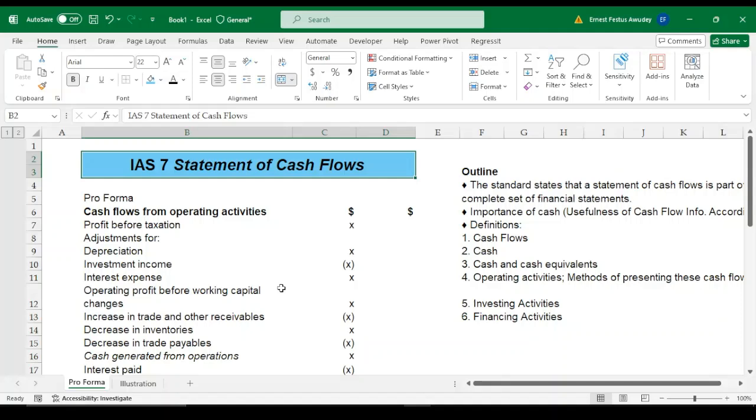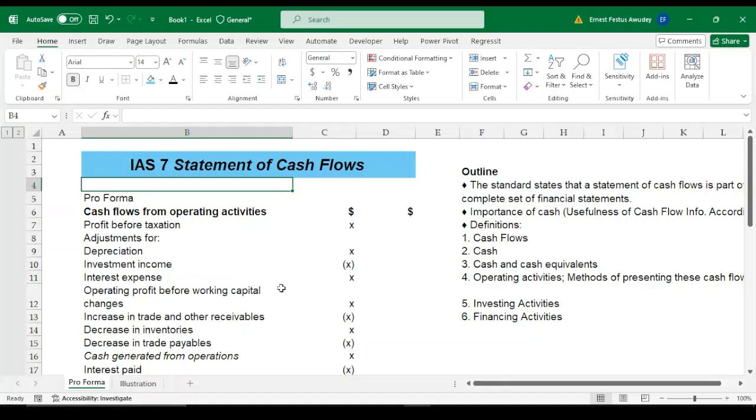Now, when we were studying IAS 1, we need to understand that the complete set of financial statements includes the statements of cash flows. All right, and the reason why the statement of cash flows is dedicated to a particular standard and not covered under IAS 1 is because statements of cash flows, unlike the other financial statements, is based on cash, okay, movement of cash.